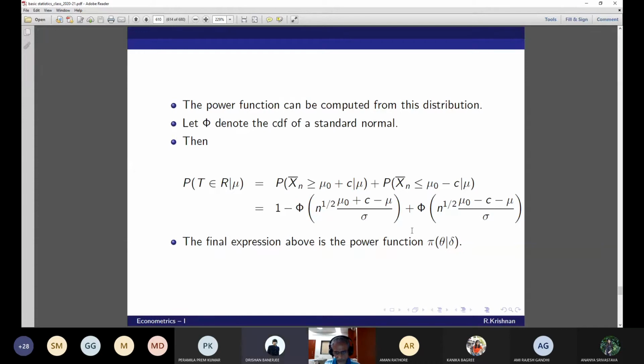Suppose you are interested in only greater than, which one do you use? The first one only. The first one, you ignore the second one. Am I right? Yes, sir.